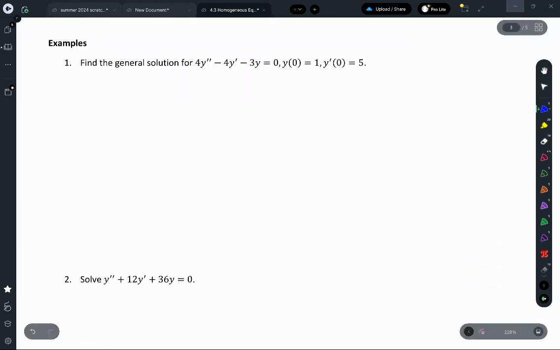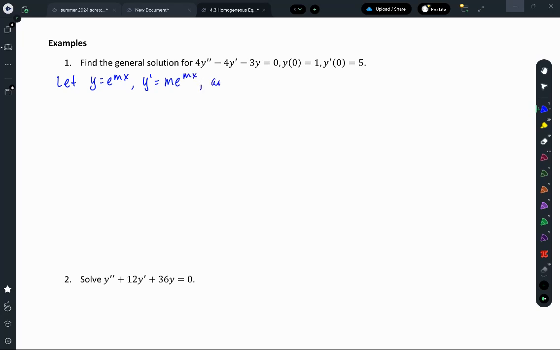Okay, all right, let's look at some examples. In this first one, we're supposed to find the general solution for 4y double prime minus 4y prime minus 3y equals 0. And we're starting off with an IVP. Y of 0 is 1, and y prime of 0 is equal to 5. Okay, so right away, I'm going to let y equal e to the mx, y prime equal m e to the mx, and y double prime equal m squared e to the mx.